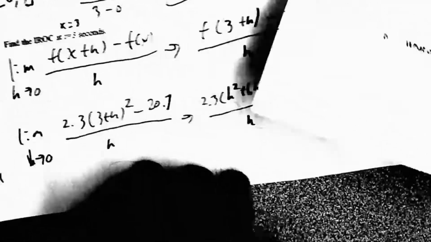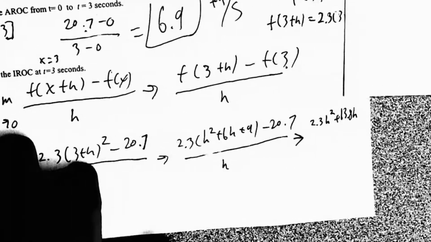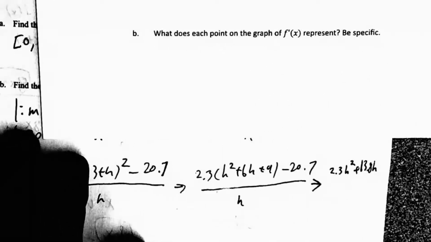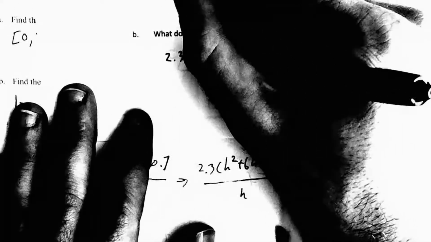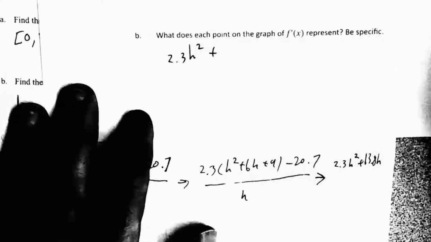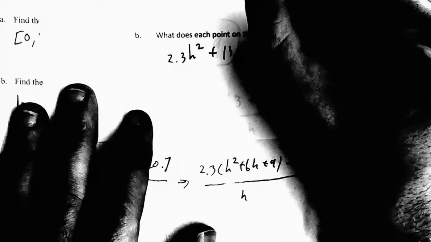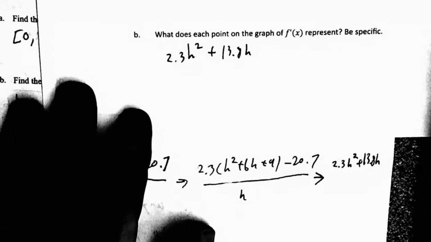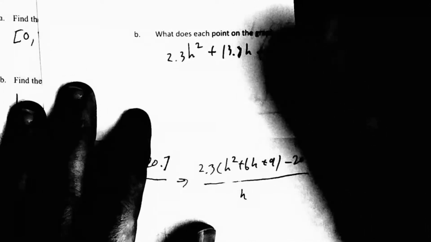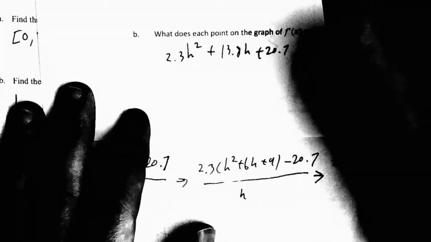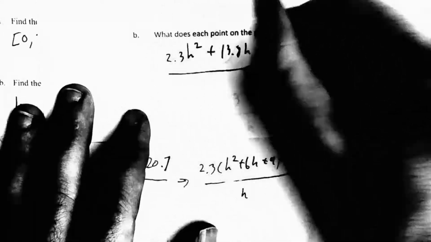I'm going to pick this up right here because I'm running out of space. I'll rewrite it. When I multiply these out, I have 2.3 h squared plus 13.8 h plus 20.7 minus 20.7, over h.